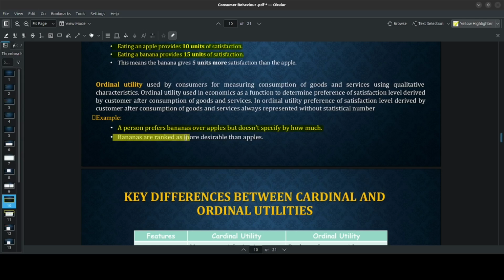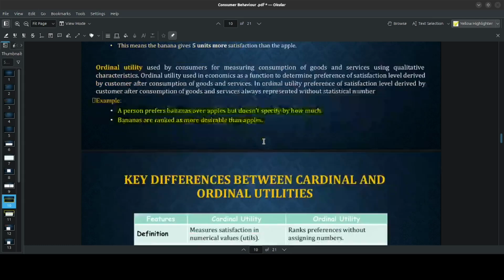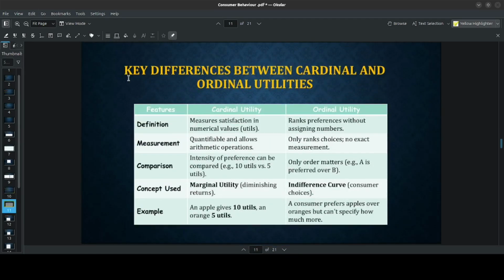Bananas are ranked as more desirable than apples. Here are the key differences between cardinal and ordinal utilities. What is cardinal utility? It measures satisfaction in numerical values. What is ordinal utility? It ranks preference without assigning numbers.